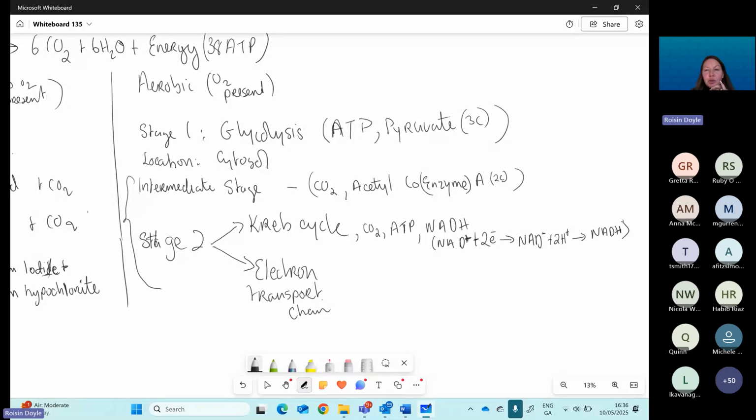So the electron transport chain then, they are the three products of the Krebs cycle. Róisín, I saw a question where they asked, what are the three products of the electron transport chain? The three products of the electron transport chain are NAD plus, ATP, and water.